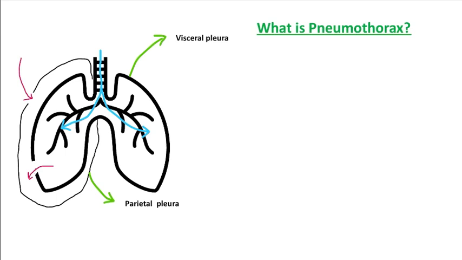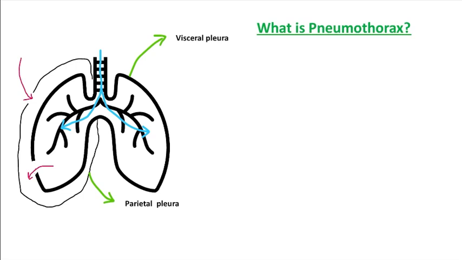And if we look at the second instance, we're looking at the visceral pleura. In visceral pleura damage, air escapes from your lung and starts to fill up your pleural space. This means that your air is escaping out of your lung, but it doesn't have anywhere else to go, so it starts to accumulate in a closed space.